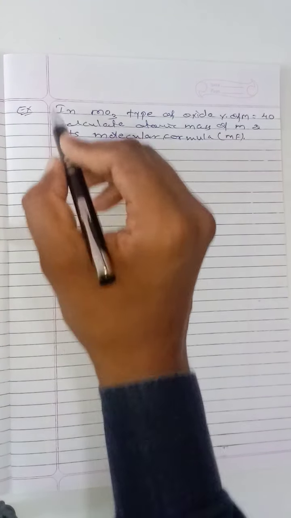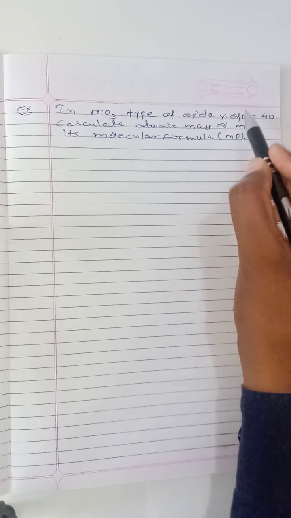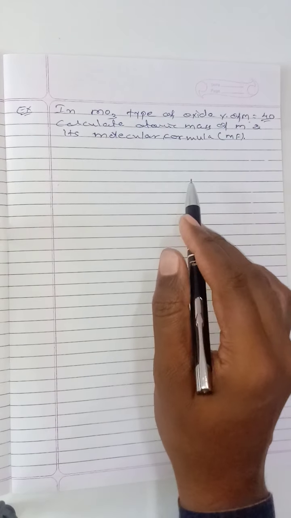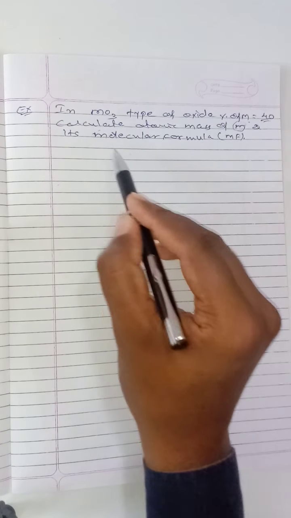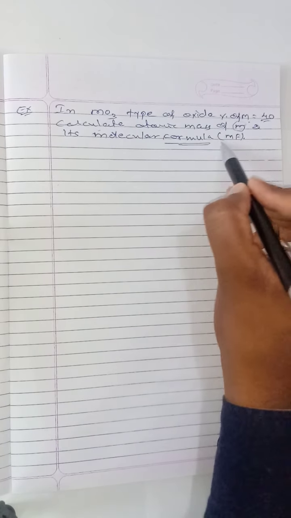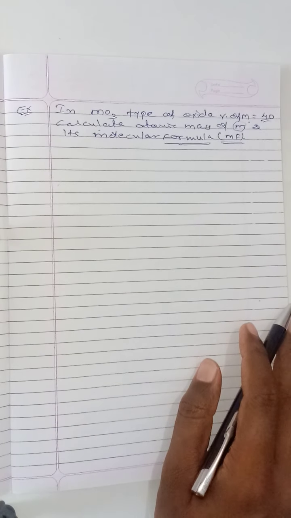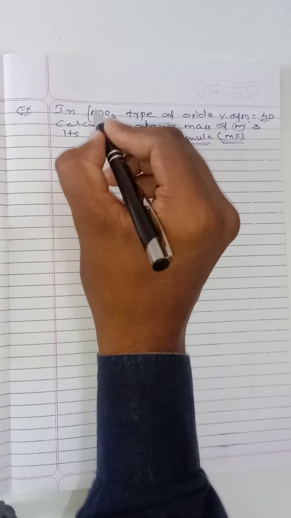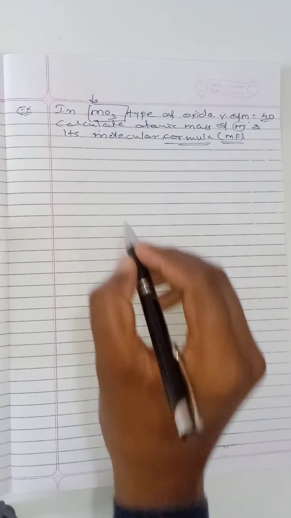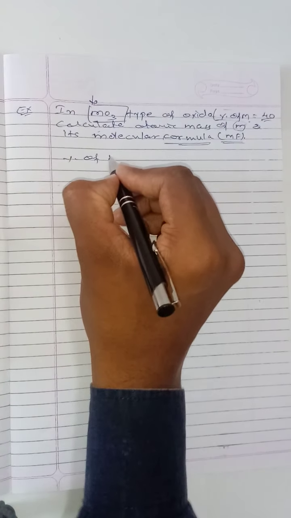Here is another example: in an MO3 type of oxide, the percentage of M is 40. Calculate the atomic mass of M and its molecular formula. Okay, same thing here. We have the compound MO3 and percentage of M equal to 40.